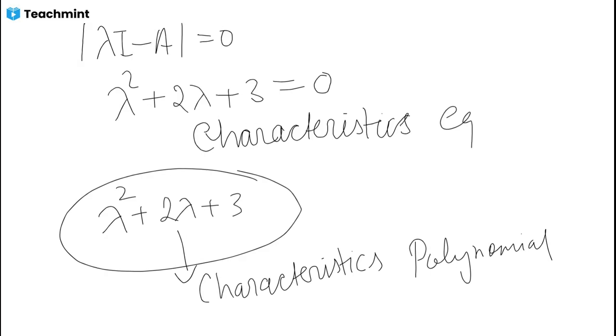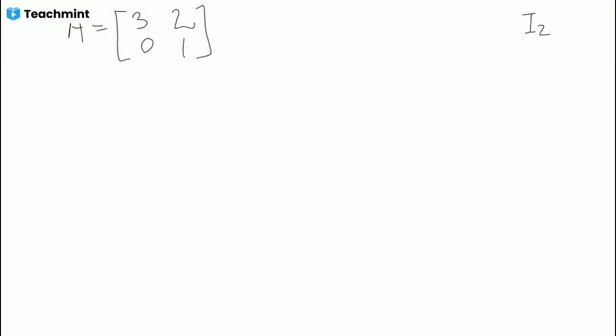So shall we do this example? So we have here A is equal to 3 2 0 1. Here, as I told you, I2 represents the 2 by 2 identity matrix, and I3 represents the 3 by 3 order identity matrix.